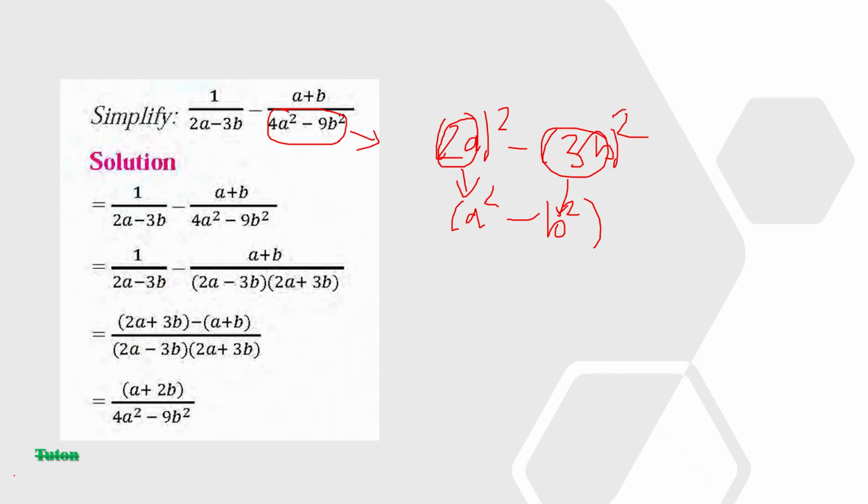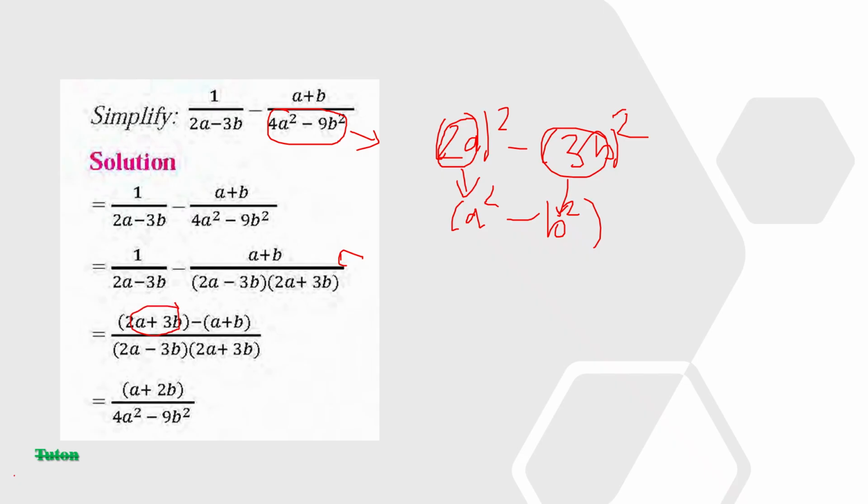Now let us understand how this numerator came after this step. For understanding that, we have to first divide this LCM term by the denominator of the first part, so that we are left with 2a plus 3b, which we can see in this term.